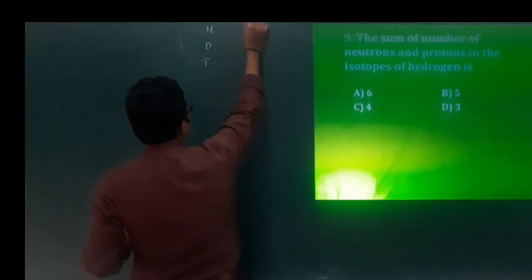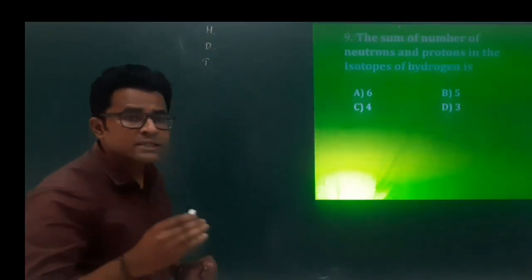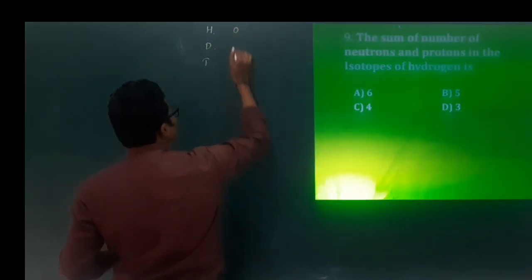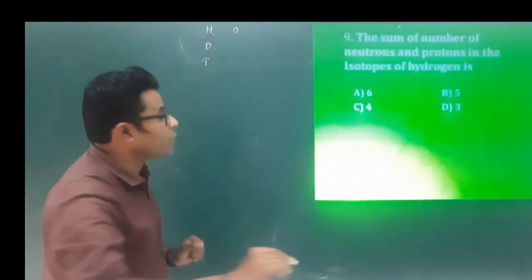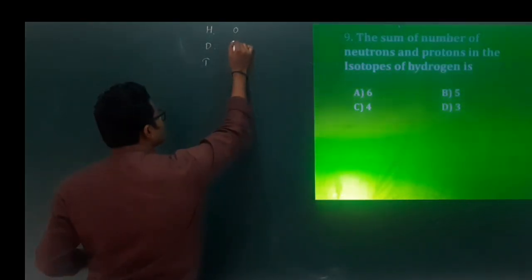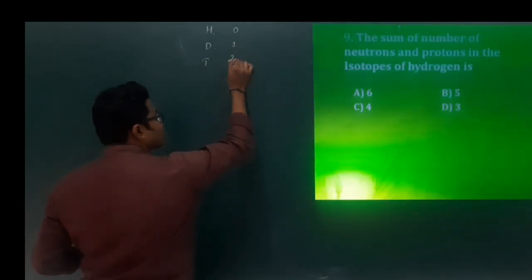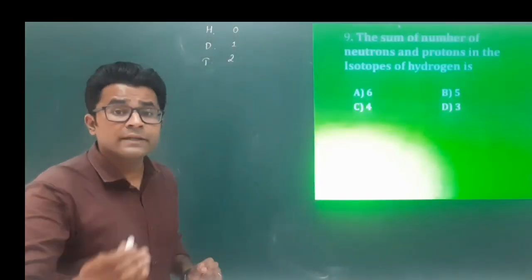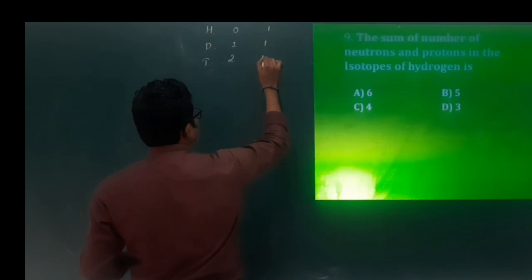So neutrons, protons. The number of neutrons in hydrogen is 0, right? In deuterium, there is a presence of 1 neutron, and therefore it becomes a bit heavier. The number of neutrons in tritium is 2. While the number of protons remains the same, that is 1, 1, and 1.